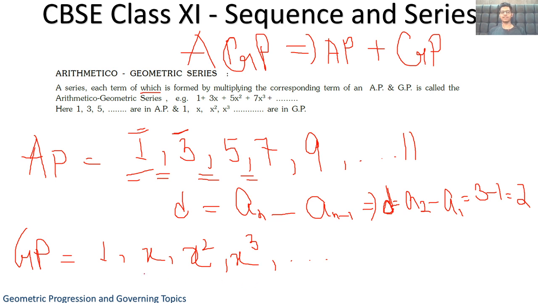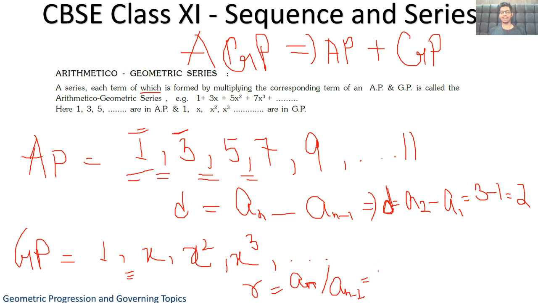Well, there's a common factor. A GP is nothing but when every term is multiplied by a unique common factor, which we'll call R. R is nothing but the succeeding term, that is an, divided by the preceding term, that is an minus 1.